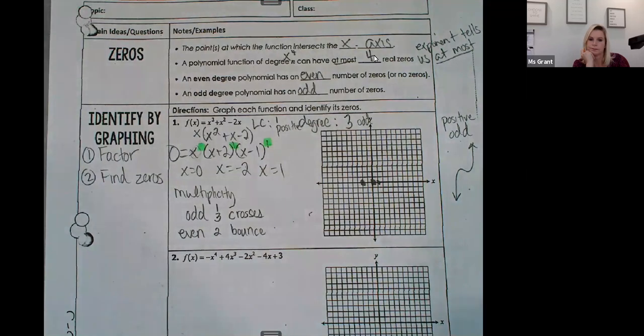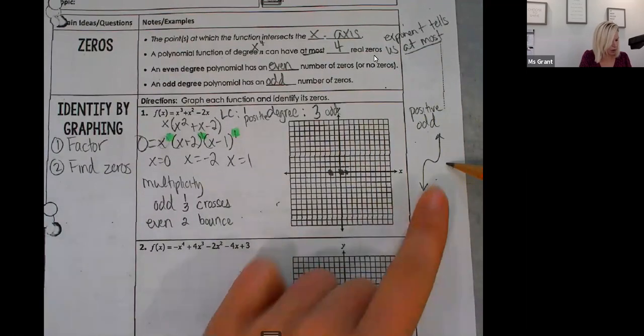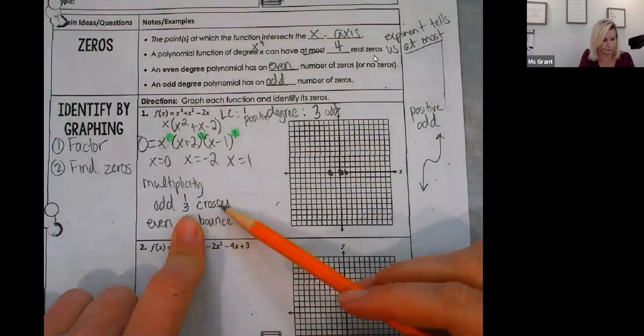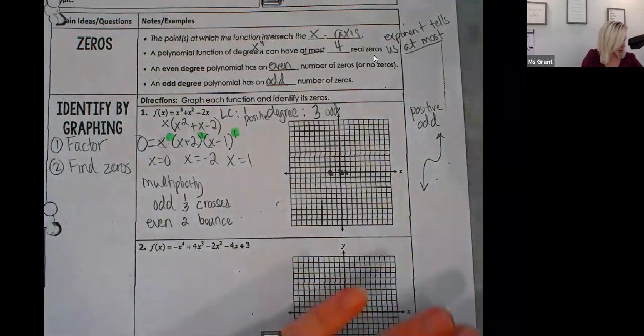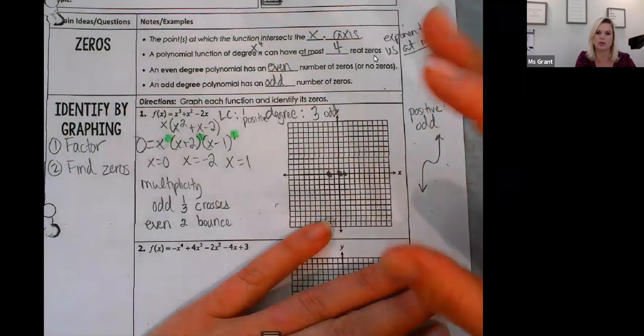Now, I know that it looks like this. I know that they're all to the power of 1, multiplicity of 1, so they're all going to cross. I don't know where my turning point is. Remember, the only way we can find turning point is if we actually use Desmos. So I don't know what my turning point is. So here's what it looks like. Even though it's not perfect at all, this is the general shape of it.